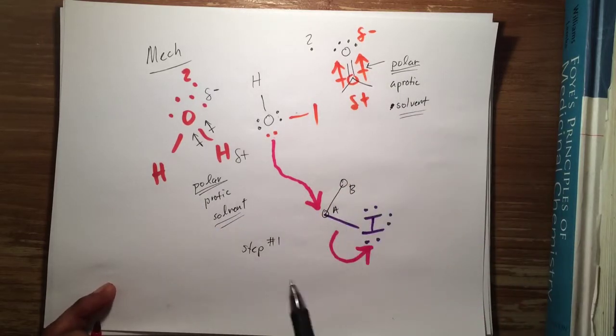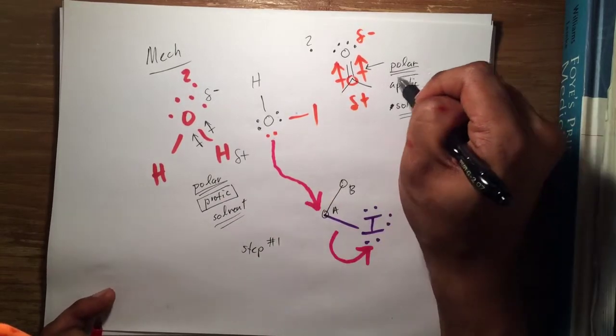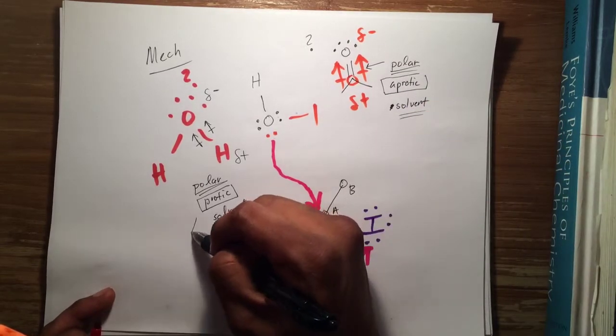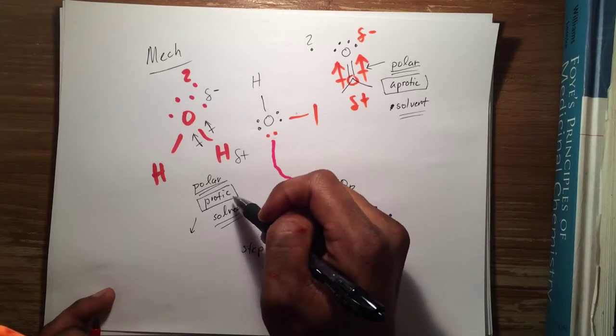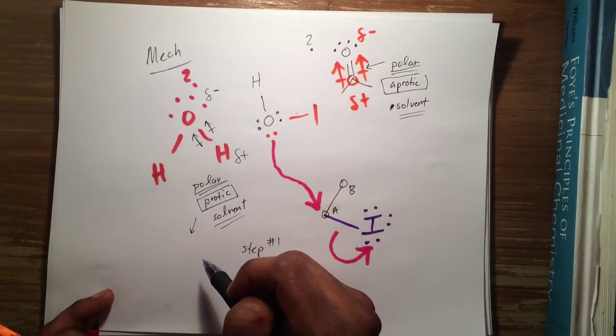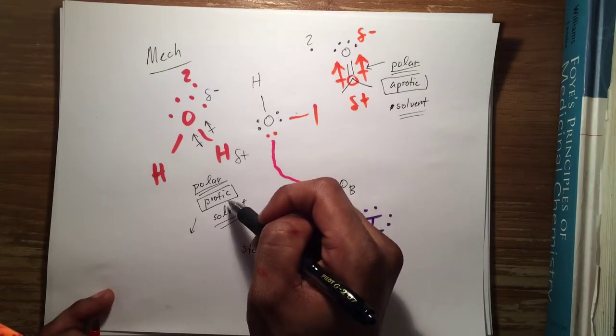The only difference between the words, and this is a very interesting part of the whole video, is why does this one say protic and why does this one say aprotic? Well, let's think about this. Anytime they say protic in the polar protic solvent, they're referring to hydrogen bonding.